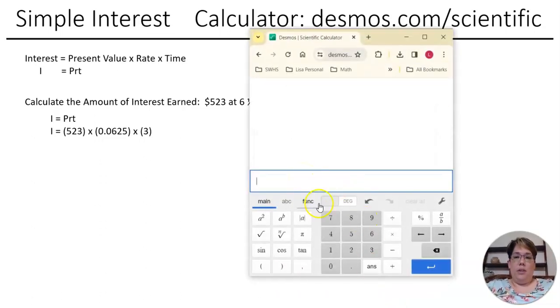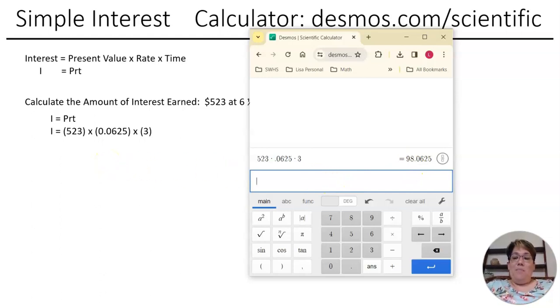You could do 523 times 0.0625 times 3, do it all together at one time, press enter, and you get 98.0625.